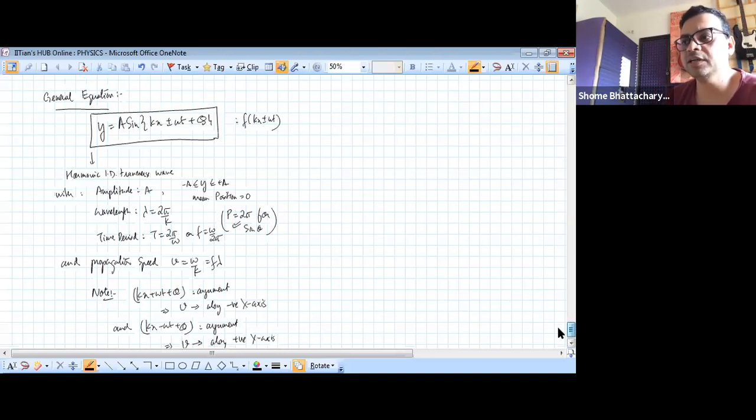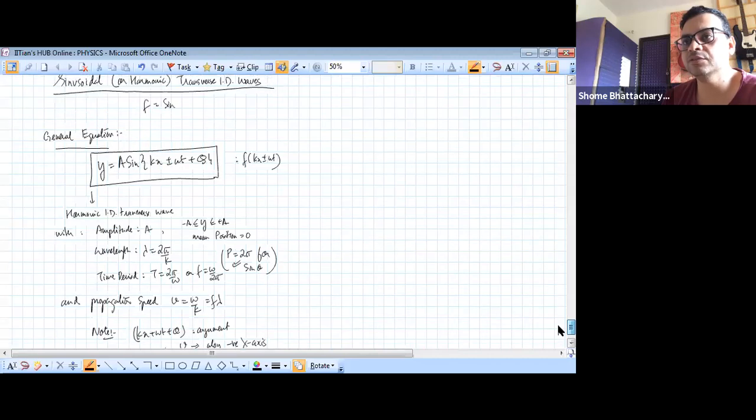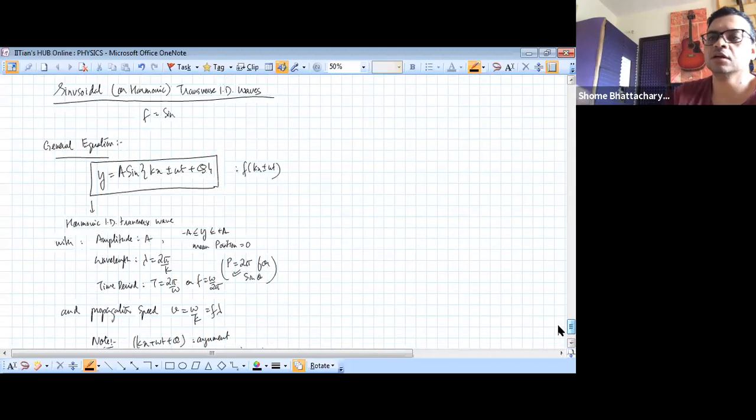So from this point in this chapter, our analysis for waves will shift from the general type of equation to the general harmonic type of equation, or the general sinusoidal type of equation.